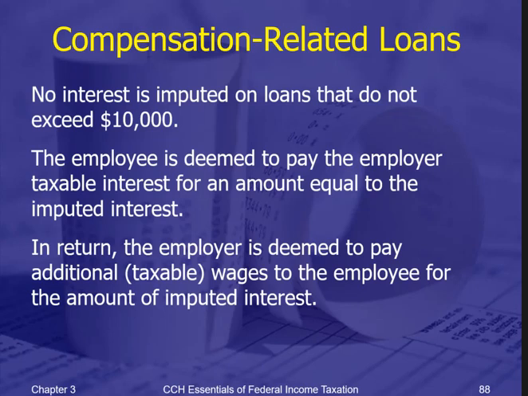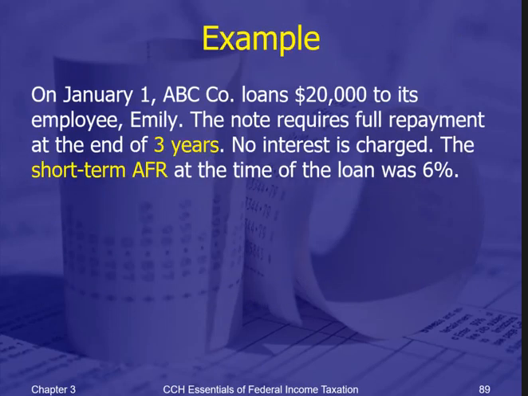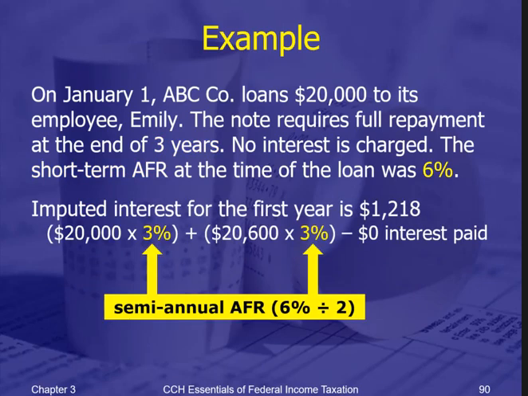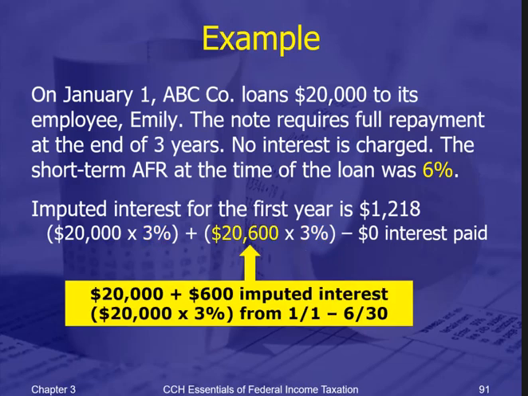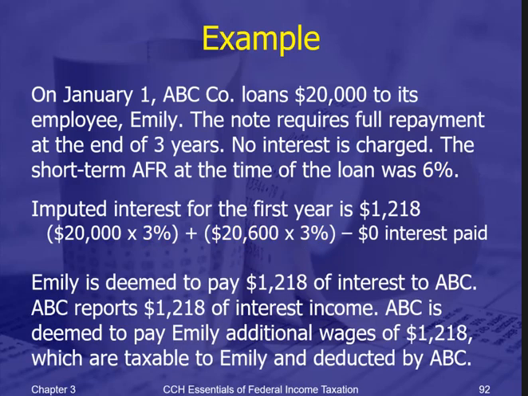So what a freebie loan ends up being, if it's over $10,000, is extra income for the interest that should have been charged to the employee. Okay, so here's an example of how you calculate the imputed interest, and ABC would have interest income of $1,218, paid wages of $1,218, which washes, the income and expense for the same amount.